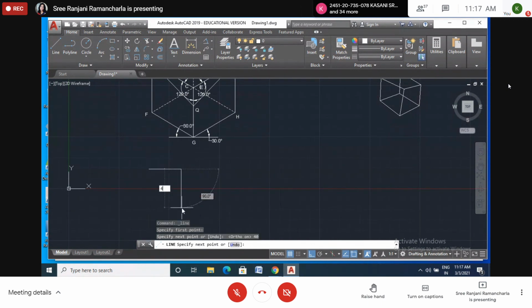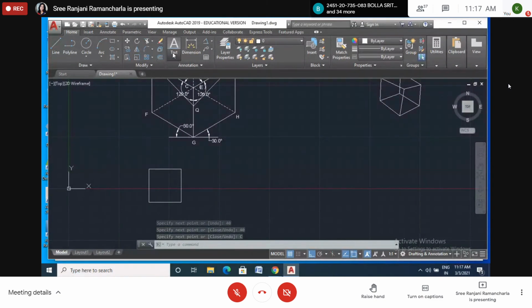Here also 40. Here also 40. Close. And last point, I no need to take again 40. Just I will type C, enter. So automatically closes.